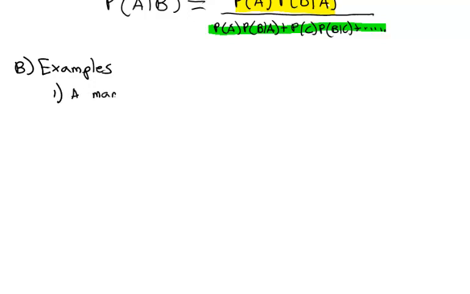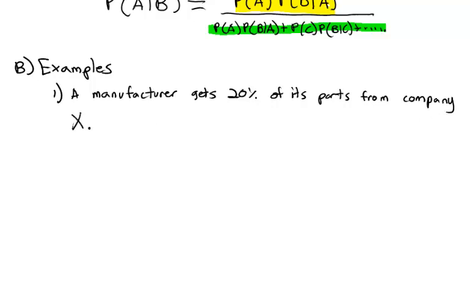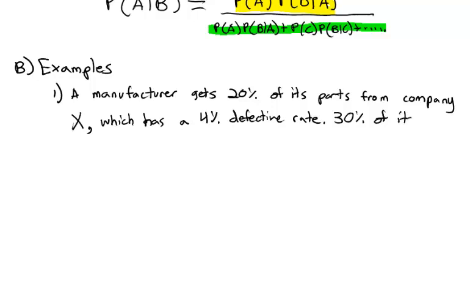Let's say a manufacturer gets 20% of its parts from company X, which has a 4% defective rate. 30% of its parts come from company Y, which has a 3% defective rate.